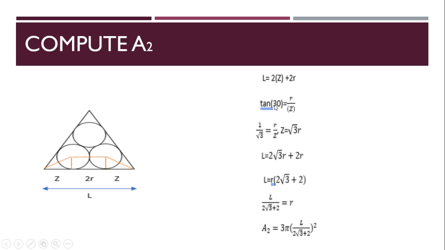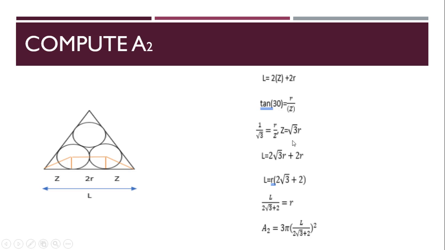So tan 30, opposite, which is our r, and adjacent, which is our z. We simplified tan 30 right here, 1 over square root of 3 equals r over z. We're going to solve for z to plug it into our length formula that we created. So we can get it in terms of r, then get it in terms of L, and then get it in terms of r to plug into our area function.